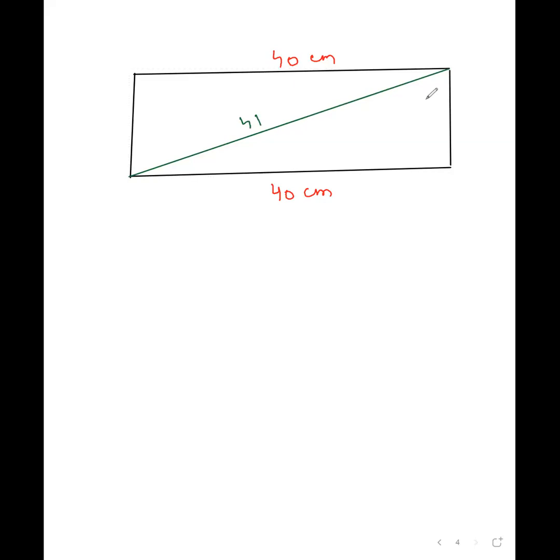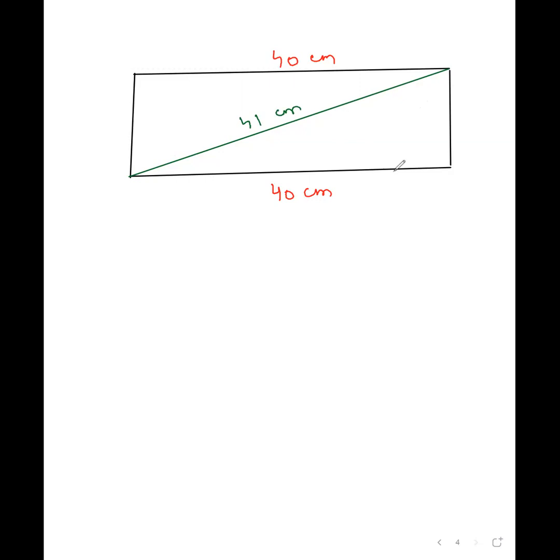Can you find the perimeter of this rectangle? What else do you need to find the perimeter? You need to know the breadth, right? How can you find the breadth? Can you see any two triangles in this figure?